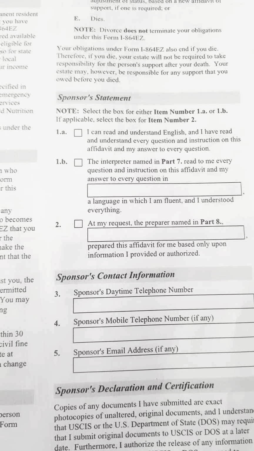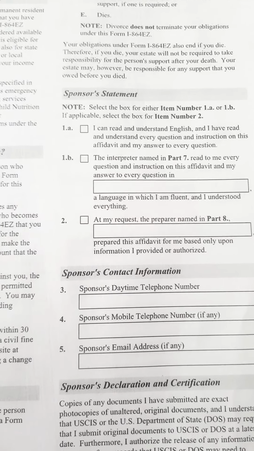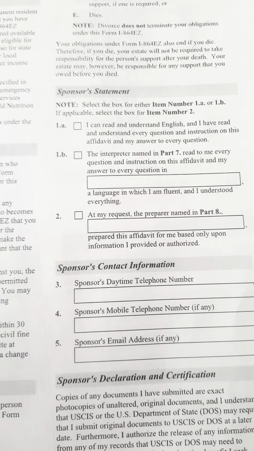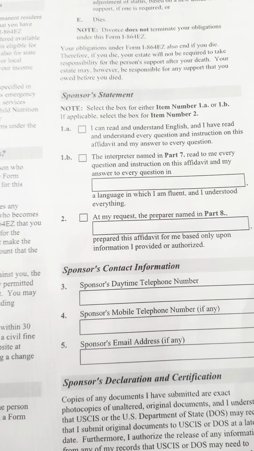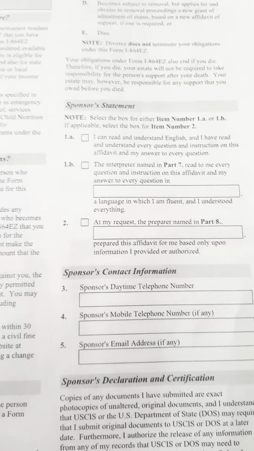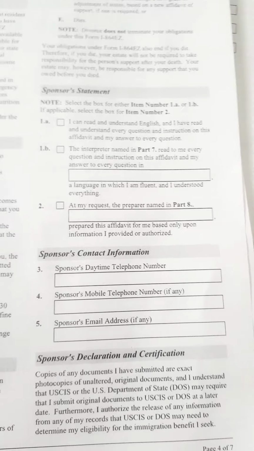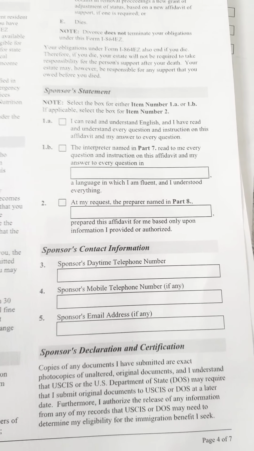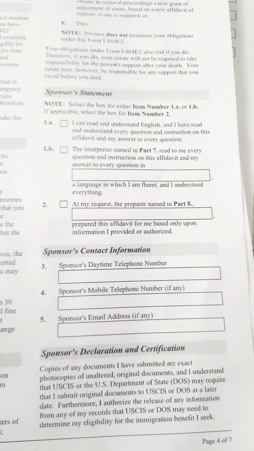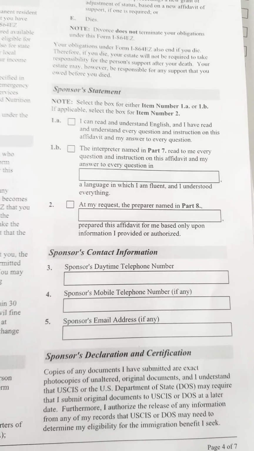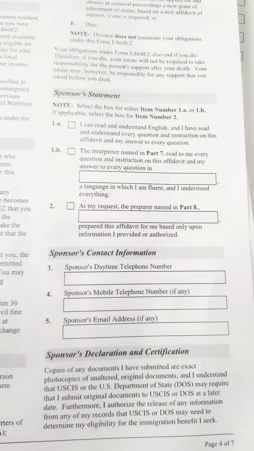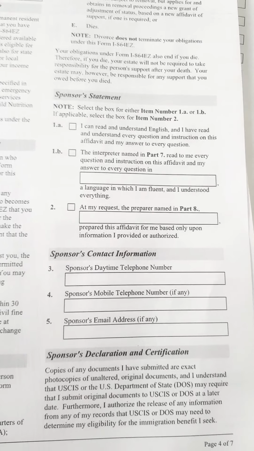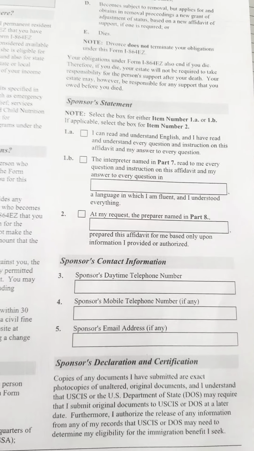So it's talking about you, the sponsor. 1A is if you can read and understand English, and I have read and understand every question and instruction on this affidavit and my answer to every question.